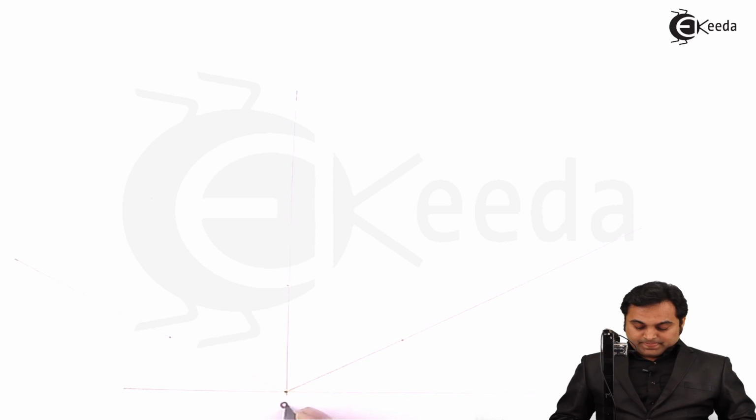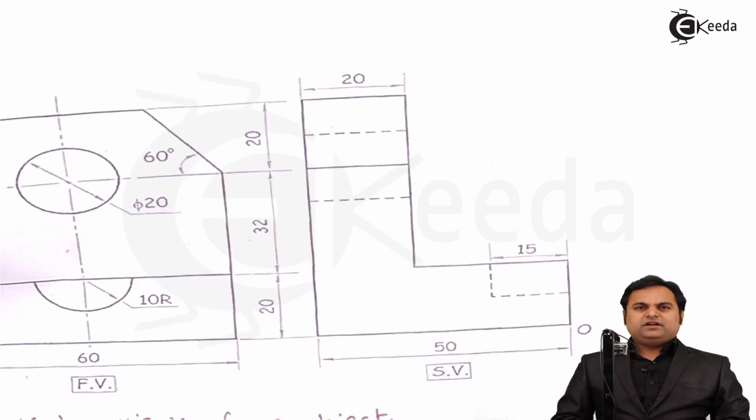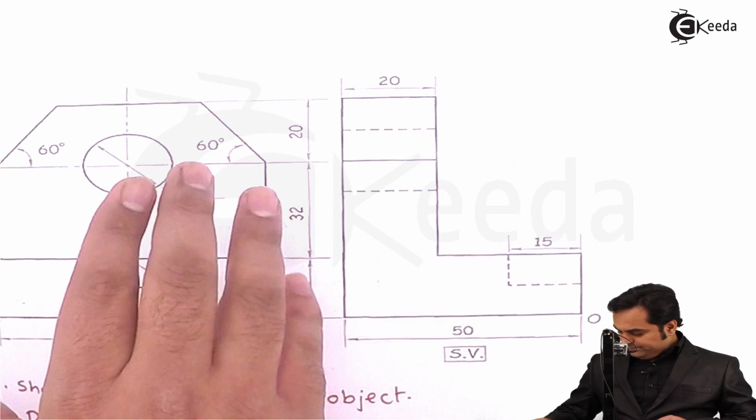Now, after drawing these lines, that is here the two lines are inclined at 30° and a vertical line.